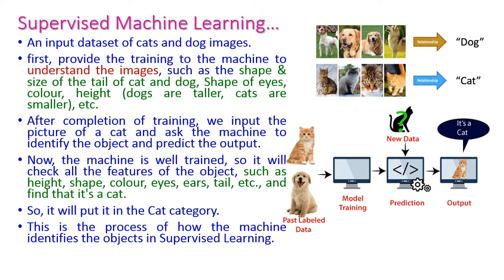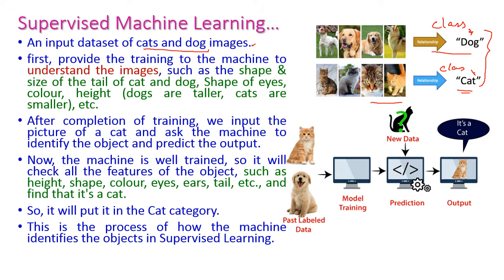Let us see supervised machine learning by using cat and dog images. Initially we have to give a collection of images of dogs and a collection of images of cats, and by using those two groups of images, or two classes of images, this is class dog and this is class cat, we train the machine.